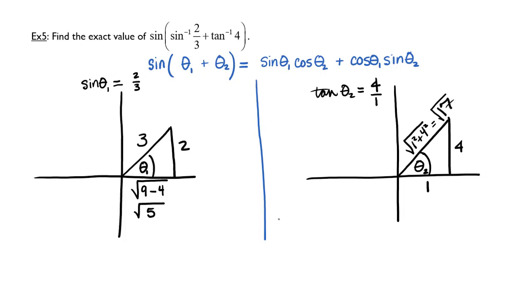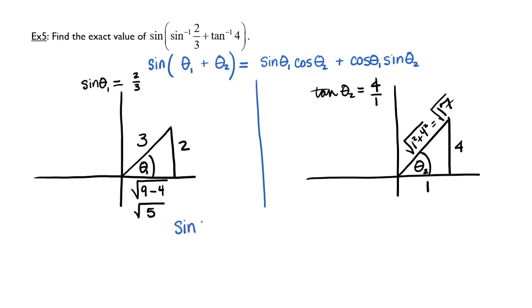Now that I have that information, I can rewrite my sines and cosines of angles in the sum formula for sine and replace them with the ratios we just found.